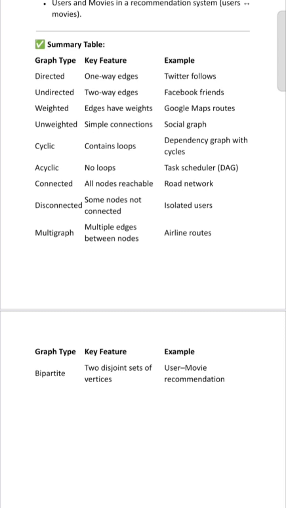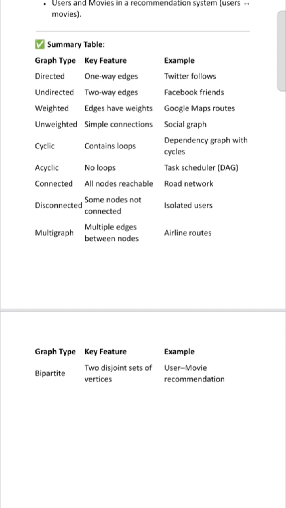So next type is acyclic, which is the opposite of cyclic. It cannot contain any loops, which is known as an acyclic graph. The example for that is a task scheduler, that is DAG, as we saw in the above example. So next type is connected. All the nodes are reachable.